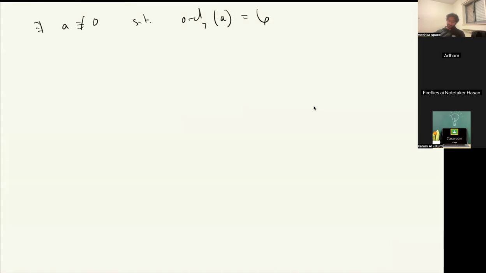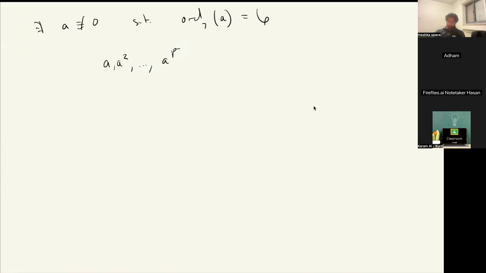So it means that if I take the powers of a, there's going to be a to the 0, which is 1, and then a squared, all the way to the last one, which will be a to the p minus 1, which in this case is a to the 6th.